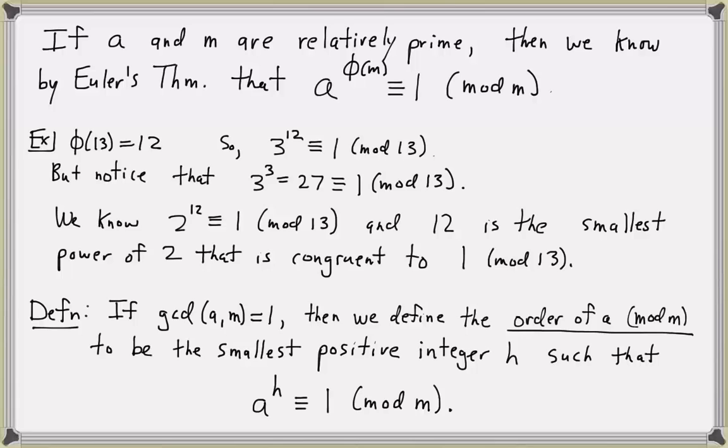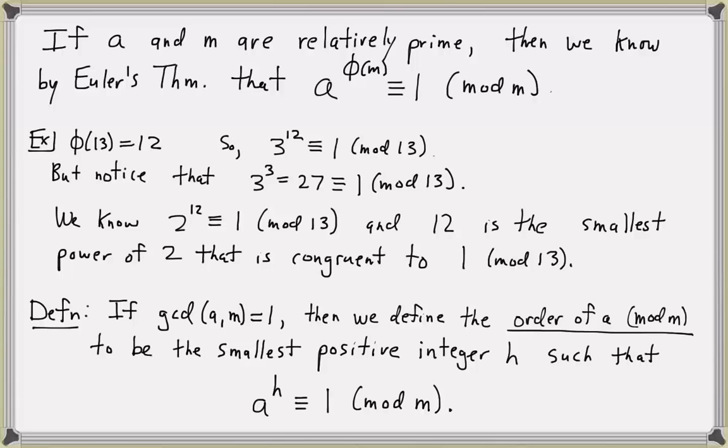So since h is by definition the smallest positive integer that works, we see that h must be less than or equal to phi of m. But in fact, we'll see that h actually divides phi of m. Okay, so the order of a mod m will actually divide phi of m.